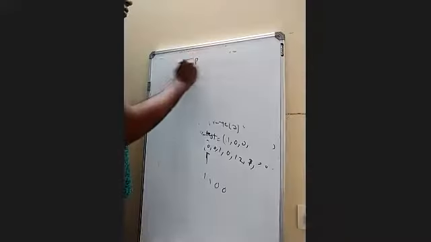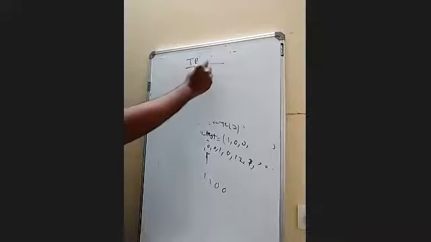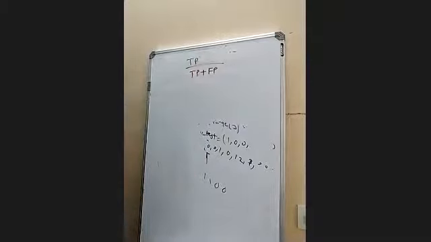True positives by total positives predicted by the model, that is, true positives plus false positives. Is this correct? Yes. Good.